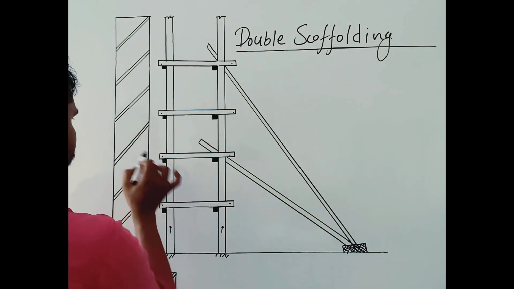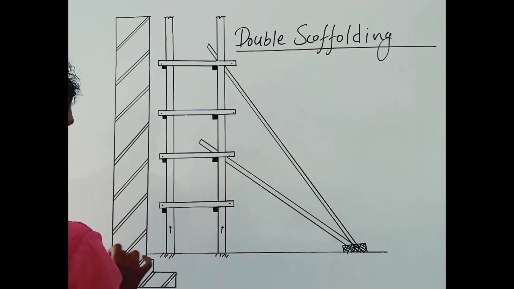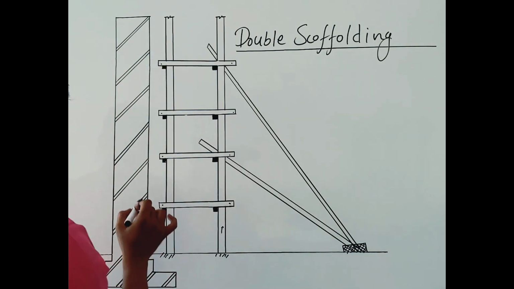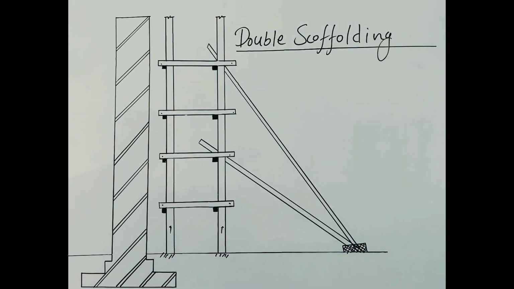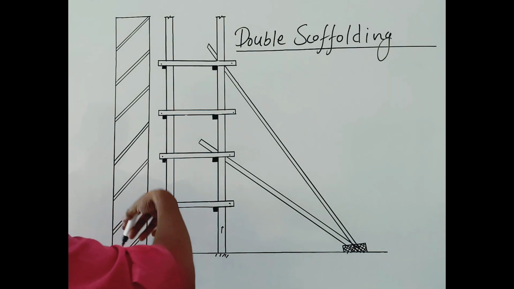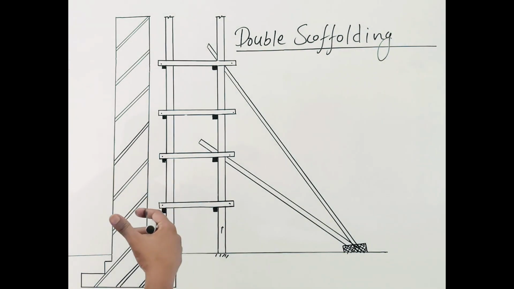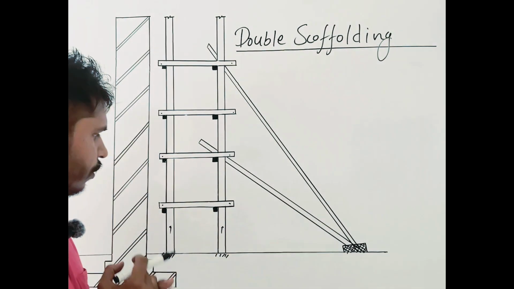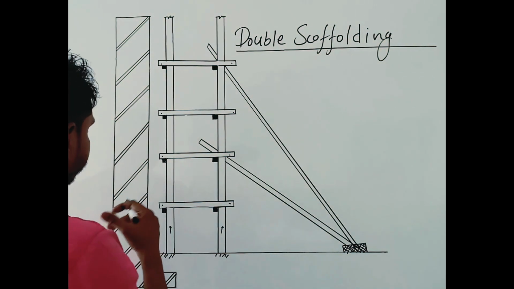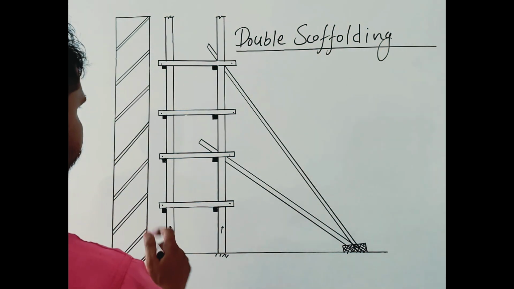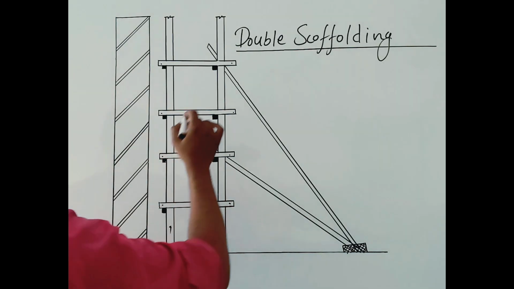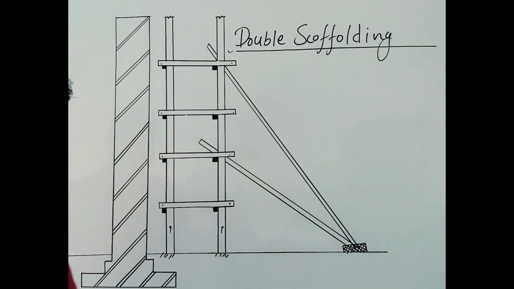We cannot damage our completed construction. For painting, plastering, and decorative purposes like glass panels, we want this type of temporary structure that is free of our construction work. For this purpose we use double scaffolding.